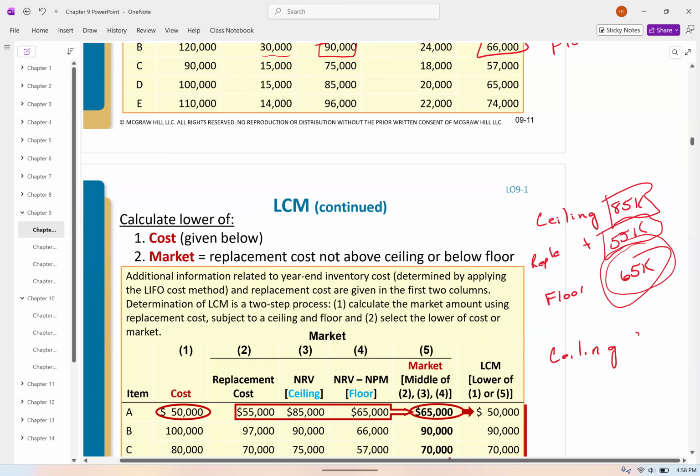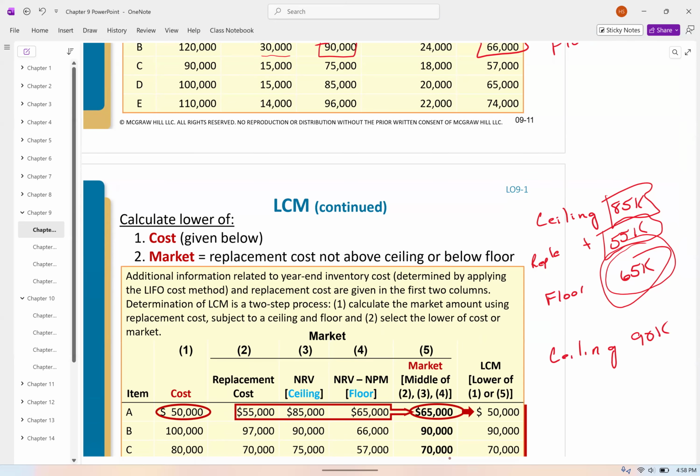Our ceiling is 90K. Our floor is 66K. And our replacement cost is 97. I'll make sure I put replacement cost. Replacement cost is 97.